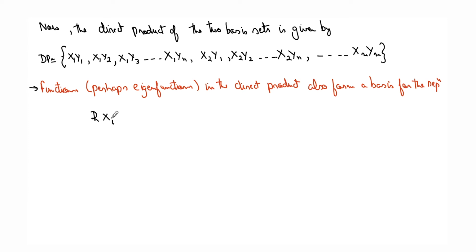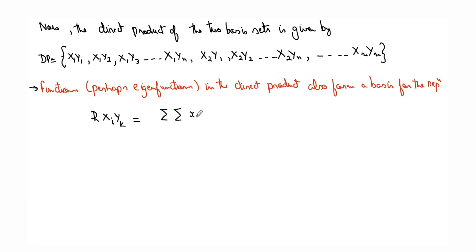So xi yk, a general product here, can be written as xi yk, and now if we apply R onto this, what do we get? We'll get two summations and we will get two characters over here, right? R will be applied on x as well as onto y.